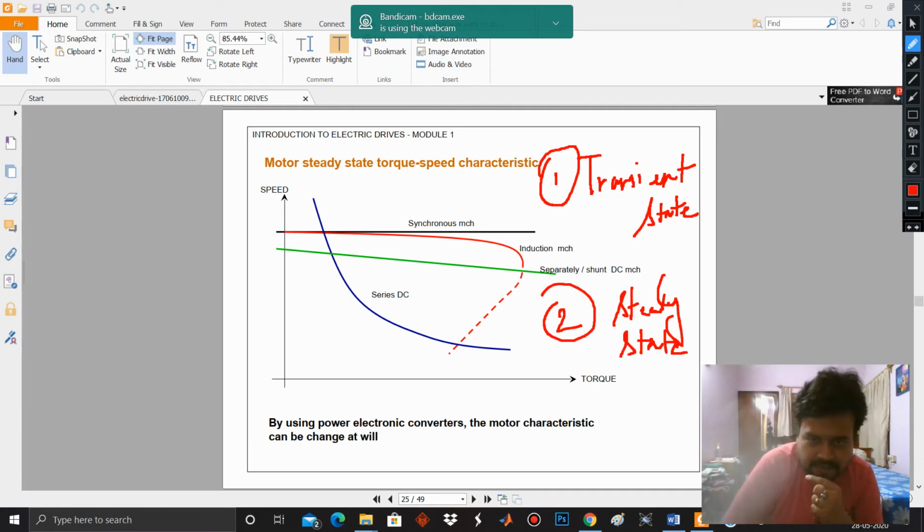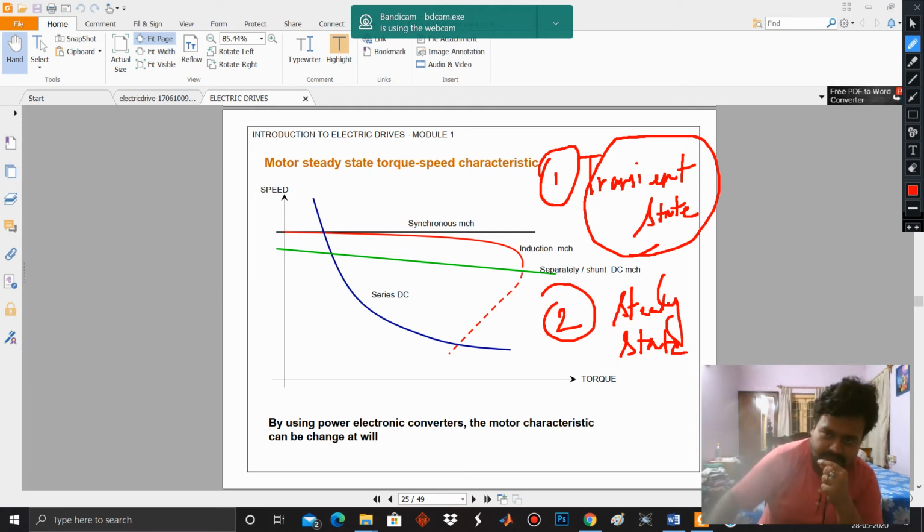There will be some unwanted waveforms, and there will be some desirable or wanted waveforms. So there will be some disturbance in the system. Some of the waveforms will eventually die out with time. That is known as transient response, and the state of the machine or the drive is known as transient state.